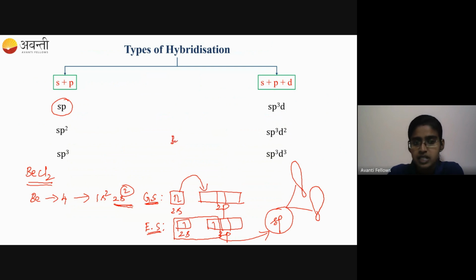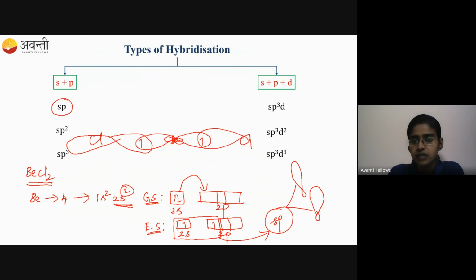So beryllium is at the center. This is the first sp and this is the second sp, in each of which 1 electron is located. The p orbital of chlorine will come and form a bond with beryllium. This is the normal atomic orbital of chlorine, but this is the hybridized orbital of beryllium.